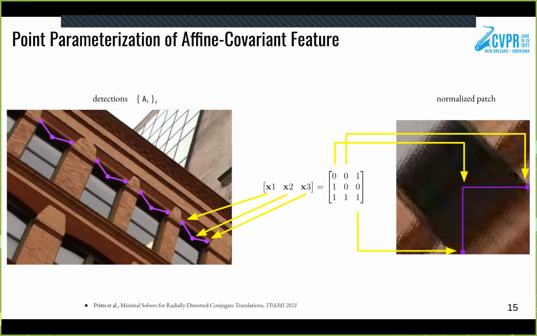And these are homogeneous, so we're using 3-vectors here. In the image space, the Euclidean coordinates would be x, y, and the homogeneous coordinate is 1. So that is our measurements that are defined by the affine-covariant feature. There are other works that use a different representation. In fact, Thomas and I are exploring the use of a different representation of the affine-covariant region now, which is work in progress.